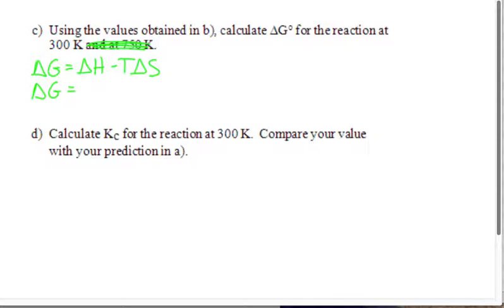Someone tell me the delta H in joules. I don't want to go back. The temperature is, we're trying to find it at 300. And then what was the delta S?